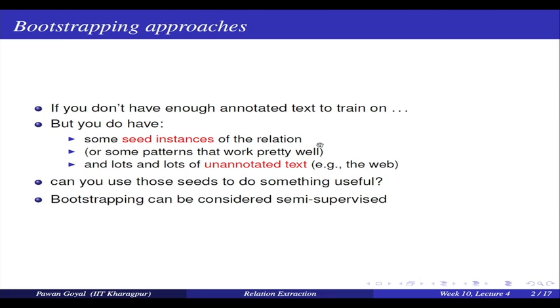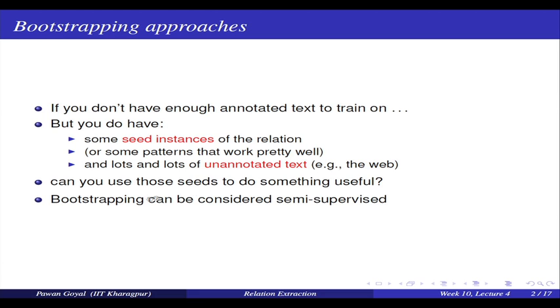Or you might have some patterns that you know, and lots of unannotated data. That means you should have a lot of corpus with lots of text data. It may be unannotated, it's simple text data. So the idea is using some seed patterns, running them over this whole data, you can try to bootstrap your approach for relation extraction.